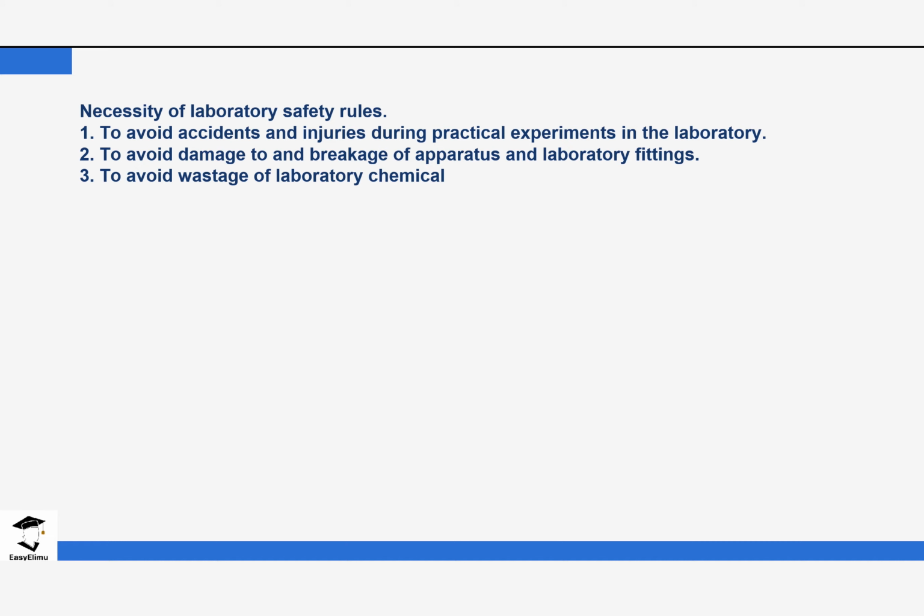So why do we need these rules? First of all, they help us to avoid accidents and injuries, and also they help us to avoid damage and breakage of apparatus. We don't want to keep replacing these apparatus and fittings all the time. It also helps in reducing the wastage of laboratory chemicals.